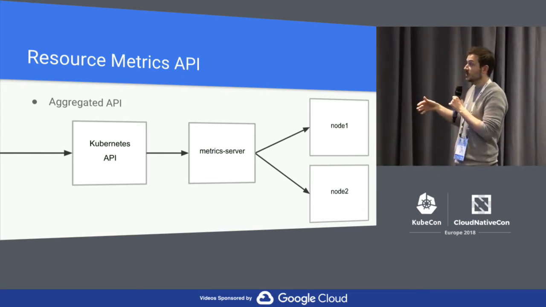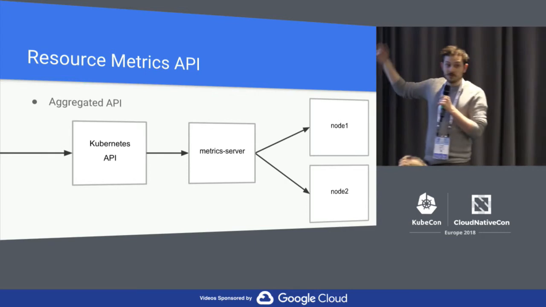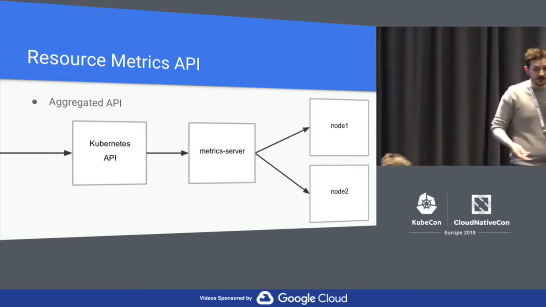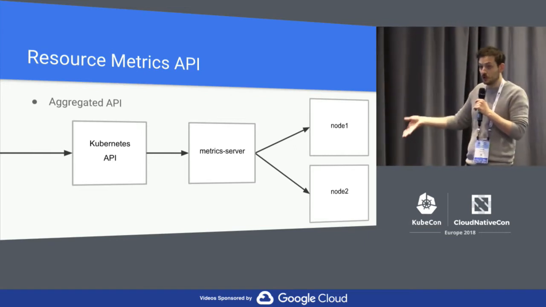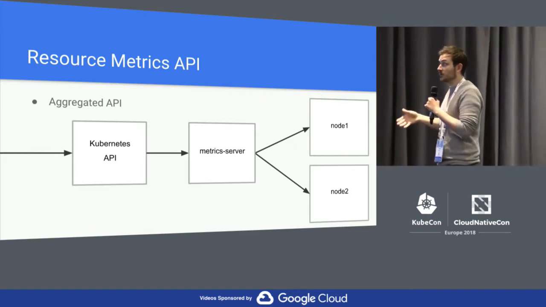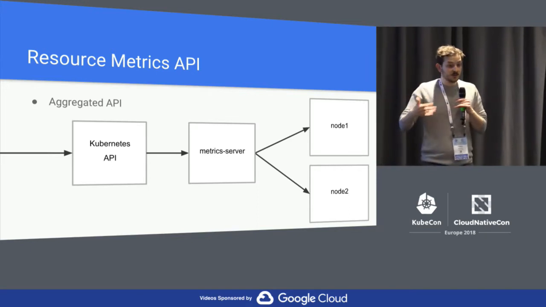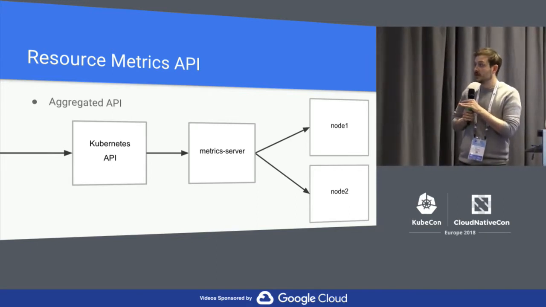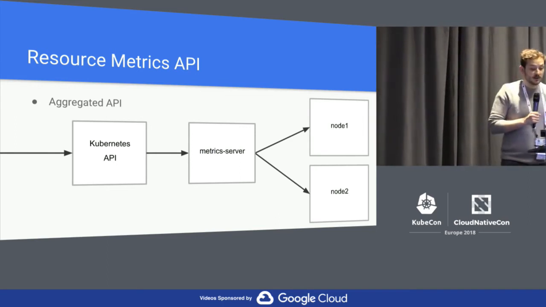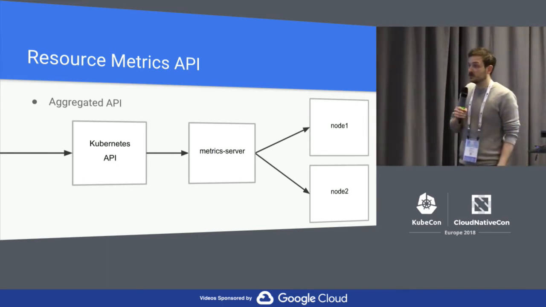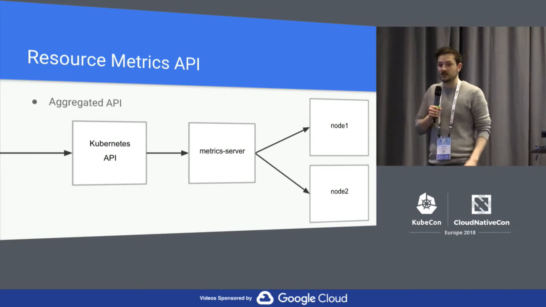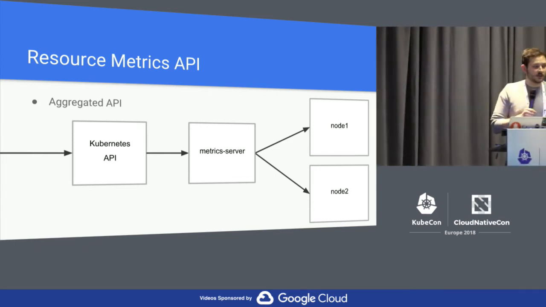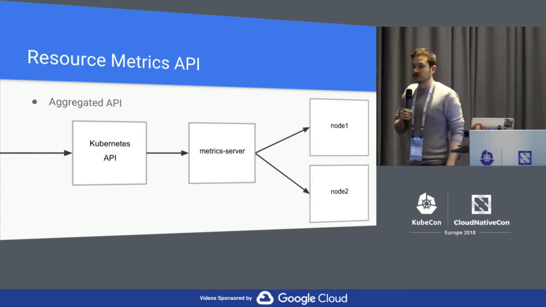Really what the metrics server does is it, in a 1-minute interval, just goes through all of the nodes in your Kubernetes cluster, gets all of the metrics from that node, as well as all the pods running on that node, and just stores it in memory, and whenever you do a request, it returns that. And we did some benchmarking, and it does fulfill all of the scalability requirements that Kubernetes has. So 5,000 nodes and an average of I think 30 or 50 pods per node.